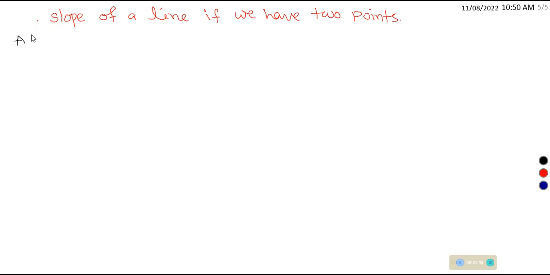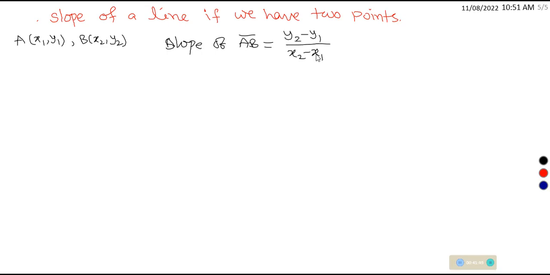For example, if we are given A x1 y1 and B x2 y2, then the slope of AB is equal to what? y2 minus y1 by x2 minus x1. So, this will be the formula. What is the slope formula? y2 minus y1 by x2 minus x1.